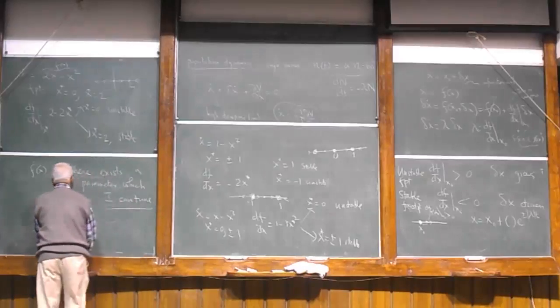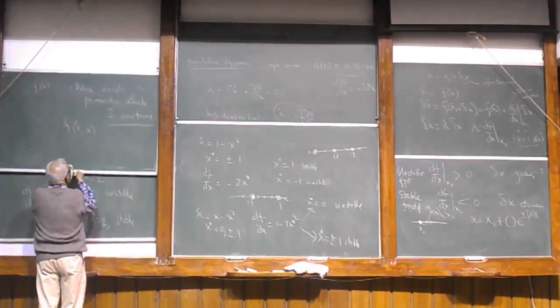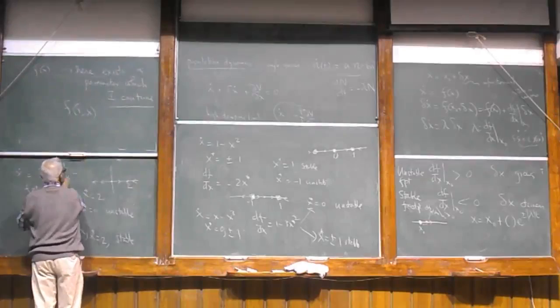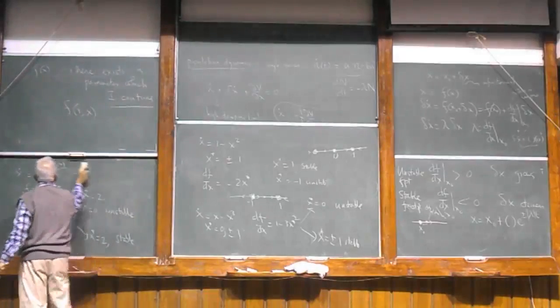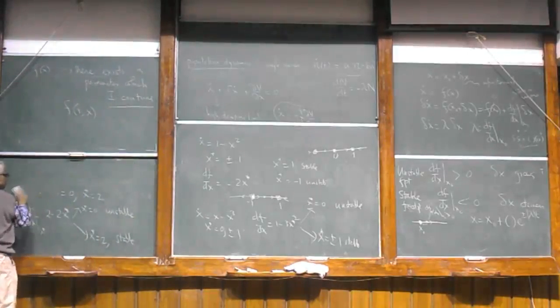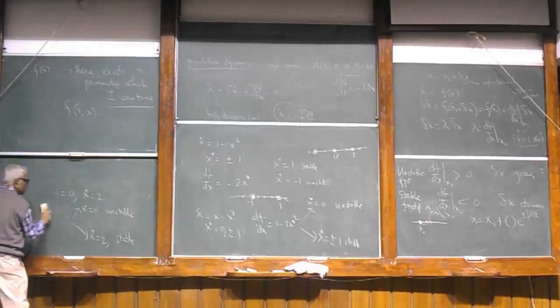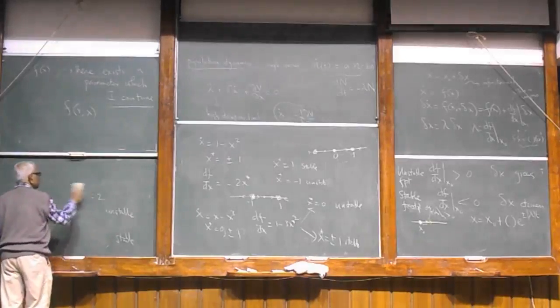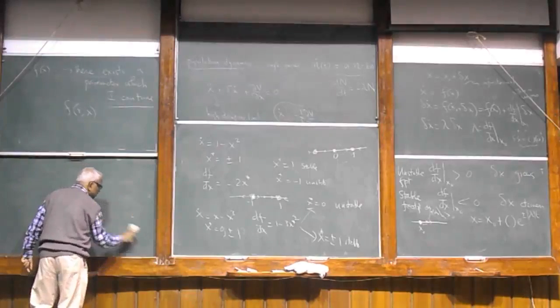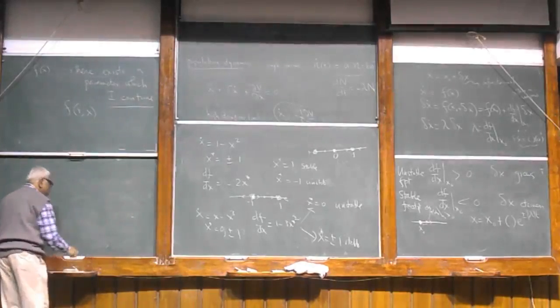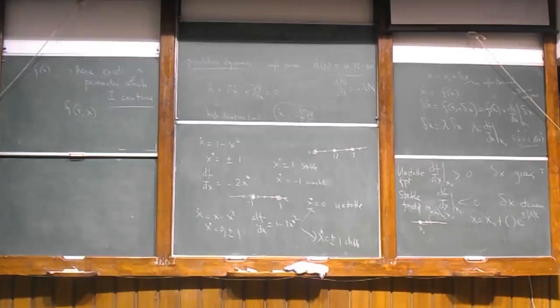So I have a parameter, and now that parameter brings in extra nicety. That is why even the one-dimensional systems can be interesting, that with the parameter you can have changes in the dynamics of the system.